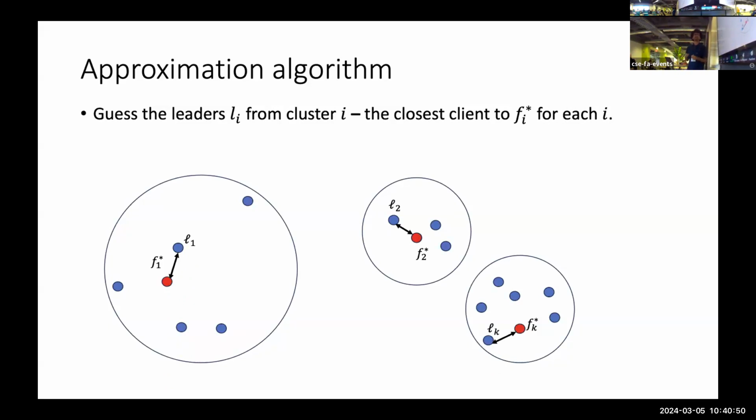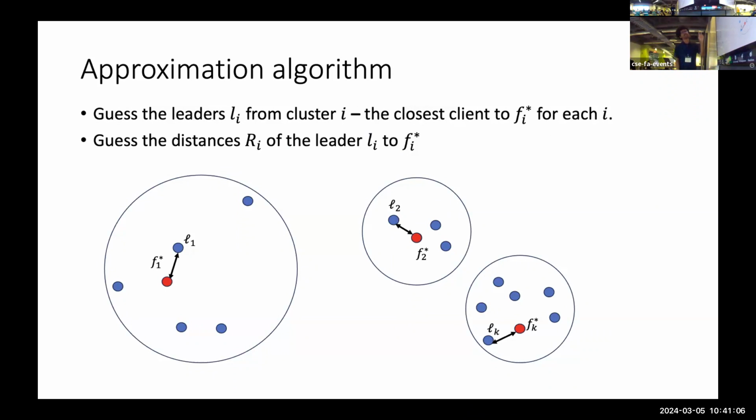The leaders are basically the closest client in each cluster. So L1 is the closest client in the first optimal cluster, which is closest to the optimal center, and so on, L2, Lk. So you're going to guess these things. The next thing you'll guess the distances of the leader to the closest center. So you're going to guess these distances R1, R2, and Rk.